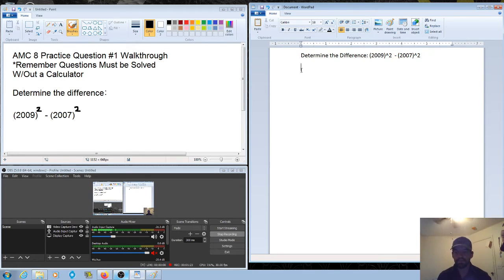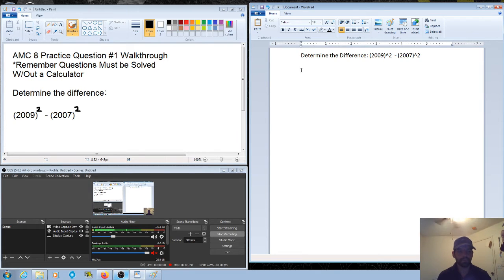So what we need to do is figure out a way to represent 2007 and 2009 with a variable, so to speak, and that way we can use methods that will make determining this difference much easier. So what we need to figure out is how 2007 and 2009 are related.